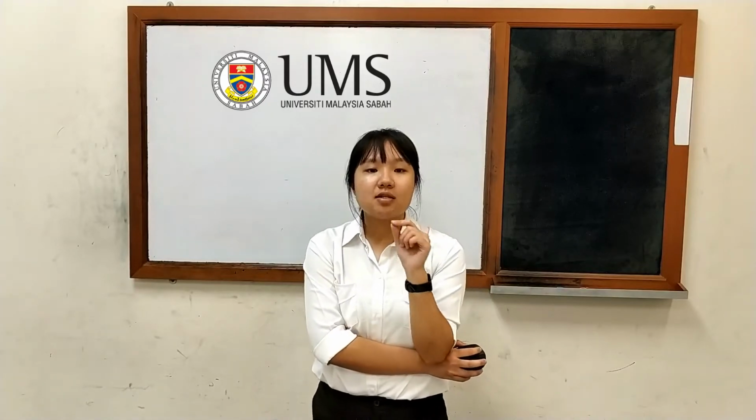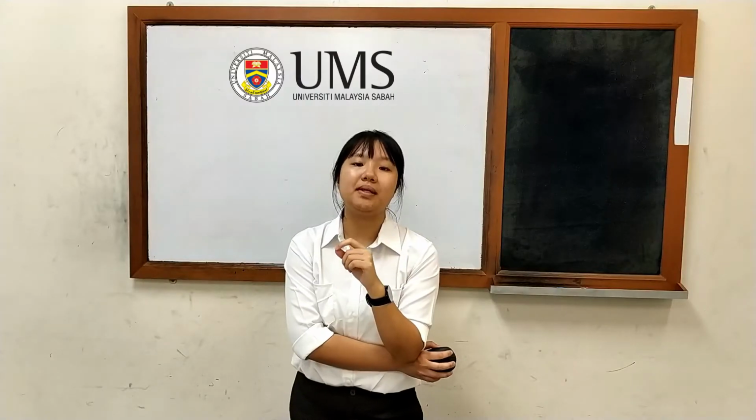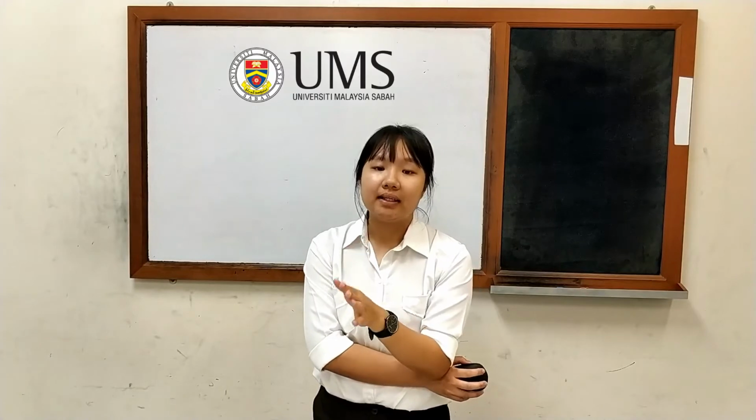Only a small amount of banana waste is used as animal feed by farmers, as well as for biogas digestion feedstock to minimize the cost of production. Past researchers mention that banana cultivation and industrialization generate a considerable amount of waste, which is rich in cellulose and starch, making it a promising source of ingredients for the production of biodegradable materials.